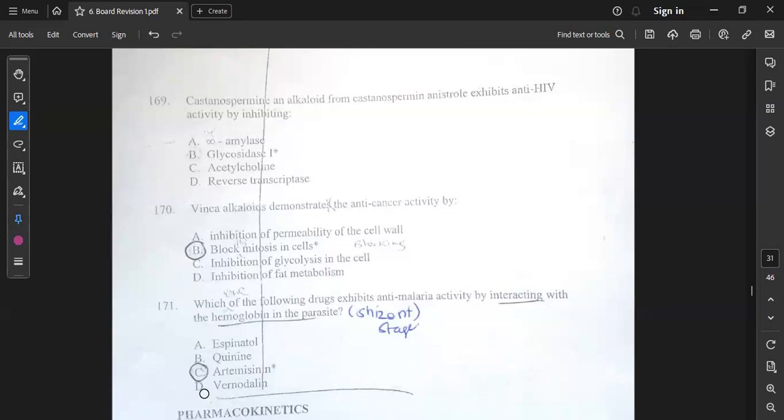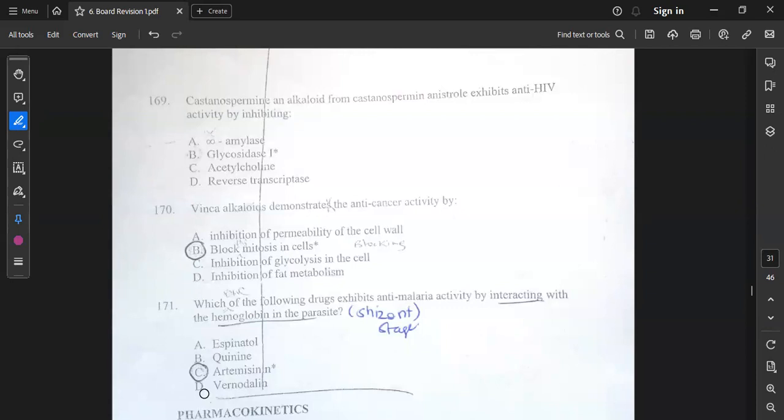I know artemisinin interacts with the heme in the parasite. Then it has that endoperoxide bridge formation. For quinine, I'm not sure.